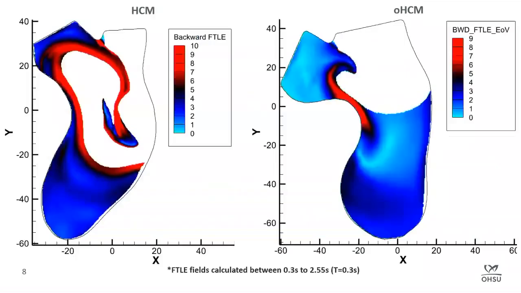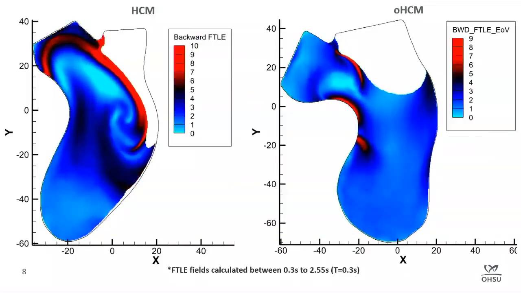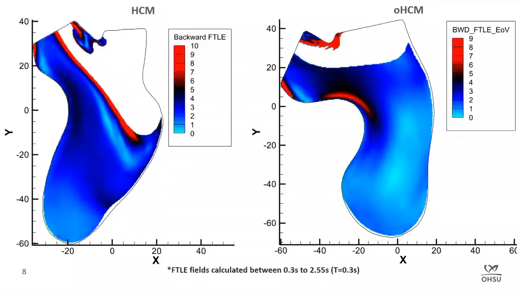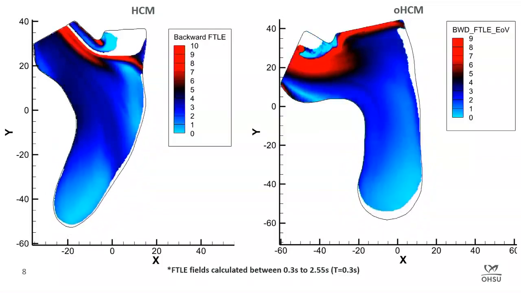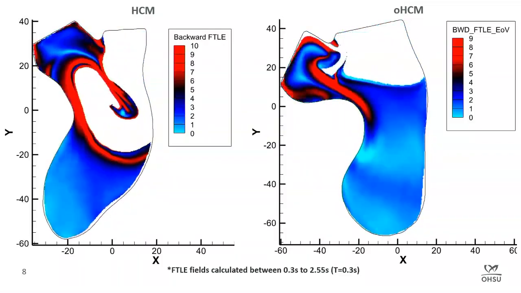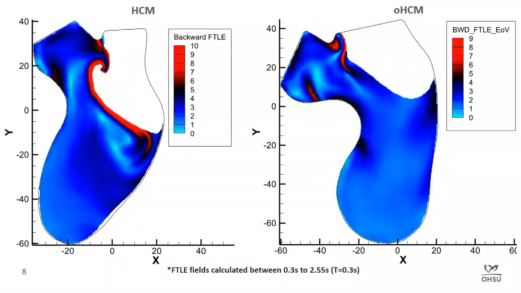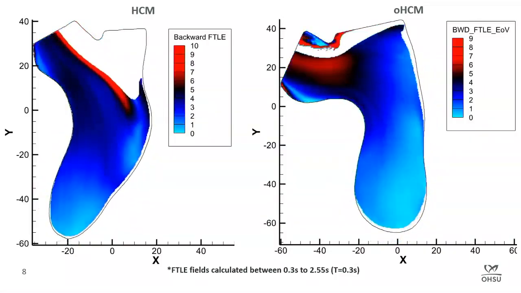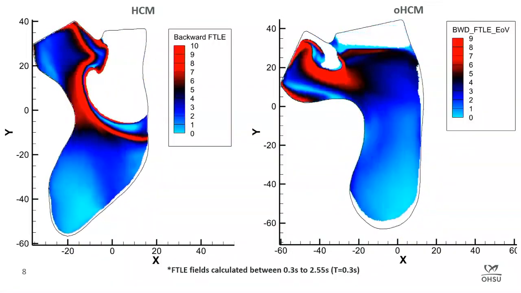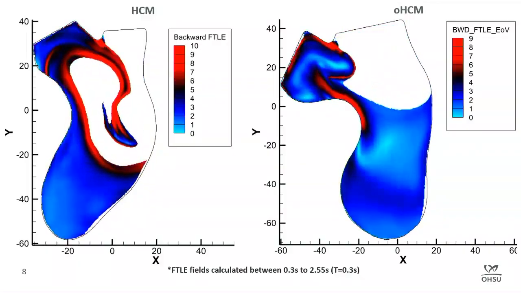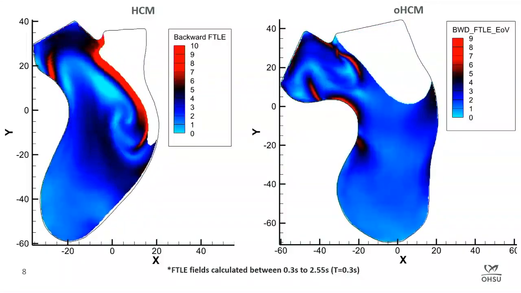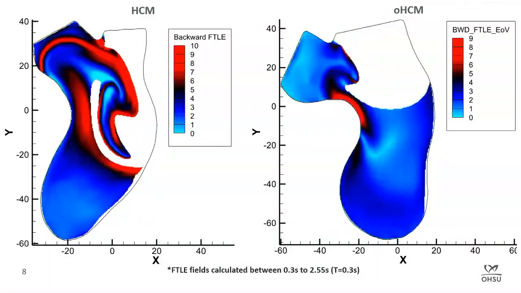And this is the result for the backward finite time Lyapunov exponent. The solid red line shows the pure stretching in the flow, and it also shows the separation line. If any flow particle is located on one side of that line, that particle cannot move to the other side.